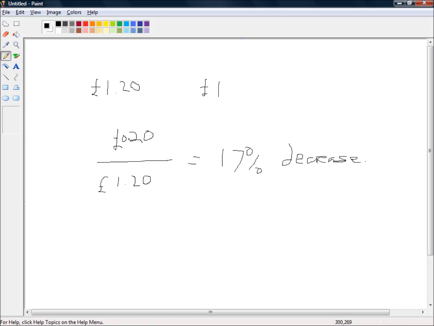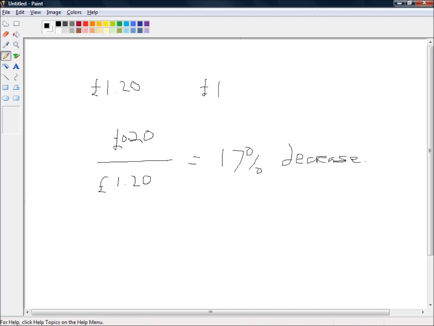So even though the loaf of bread went up by 20p and then came down by 20p, when it went up it was a 20% increase, and when it came down it was only a 17% decrease. So be very careful in your exams.